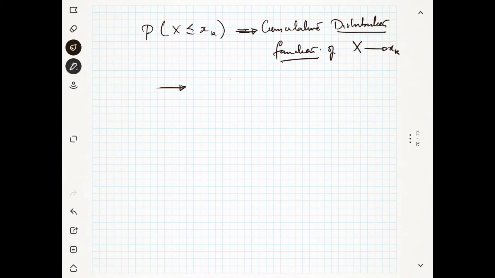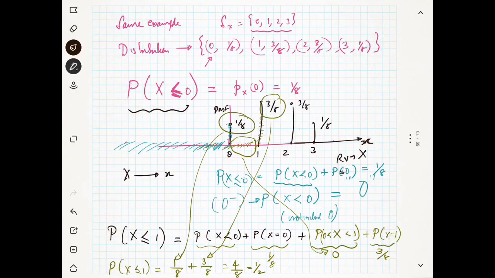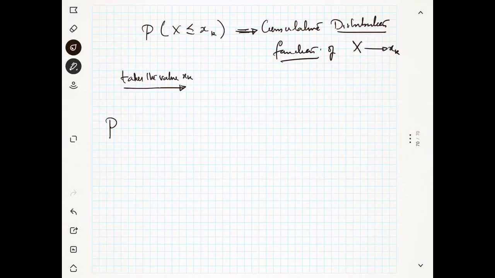This symbol is nothing but it takes the value xk. So, this is what the cumulative distribution function is. Now, you can easily define the probability that x is less than or equal to 2.